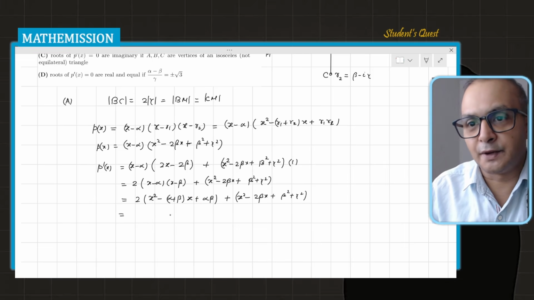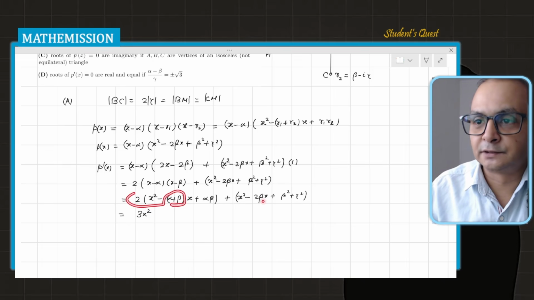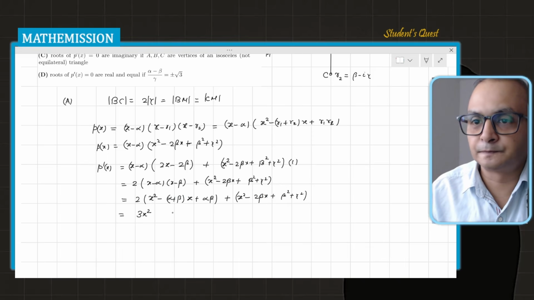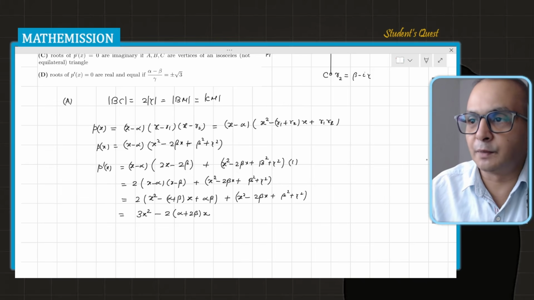2x square plus x square is 3x square, and notice here minus 2 alpha plus beta and minus 2 beta. So this will become minus 2 times (alpha plus 2 beta) x, because I'm taking 2 common from there.